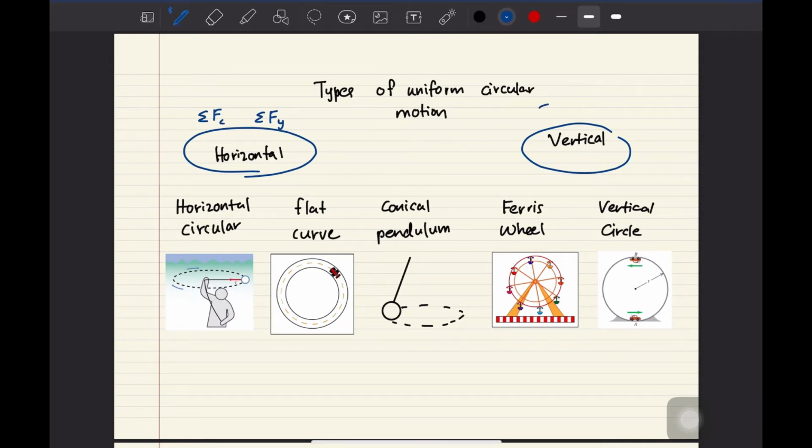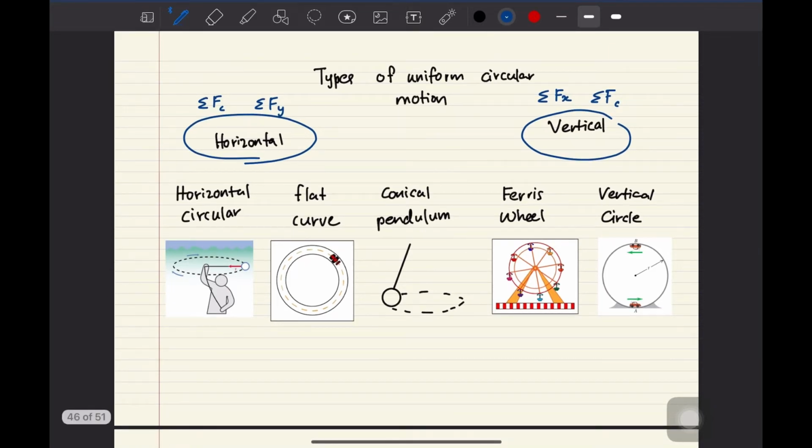On the other hand, for vertical motion, the Y will be your centripetal force. The centripetal force will be in the vertical plane. For each of these, you have a few more examples that you need to know, like over here.